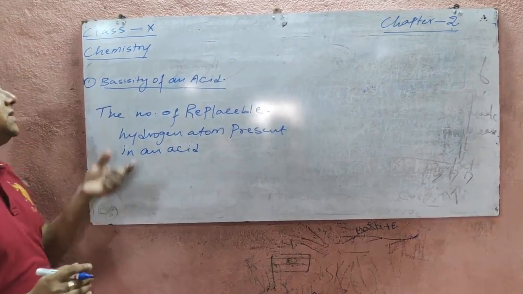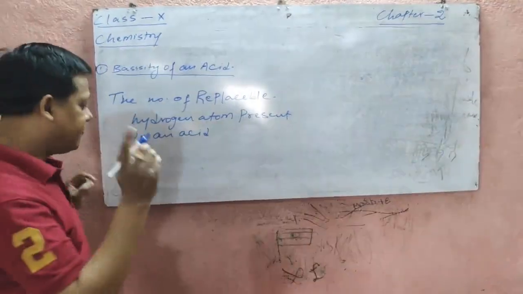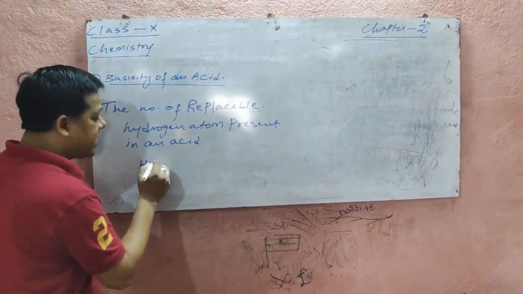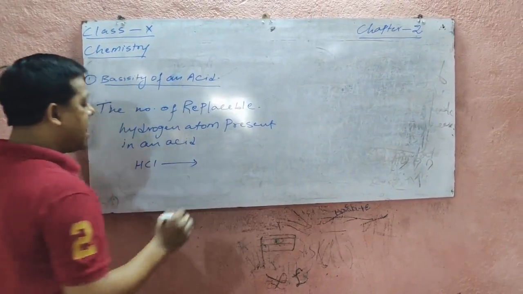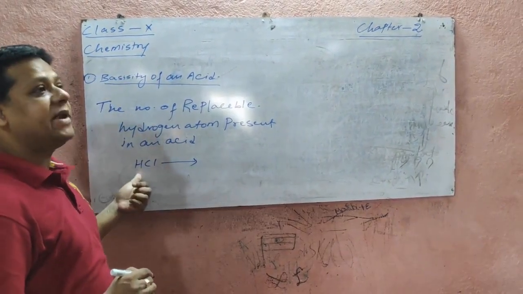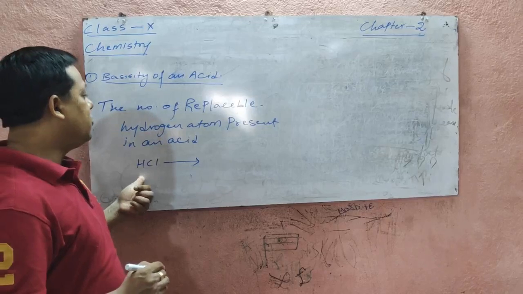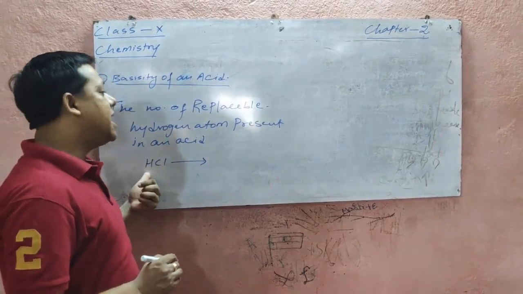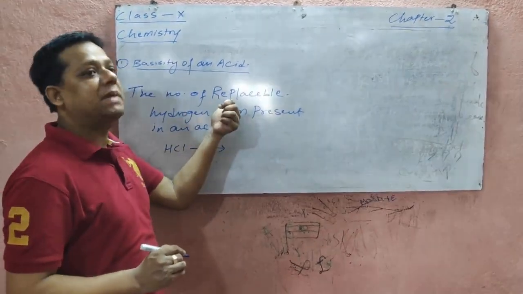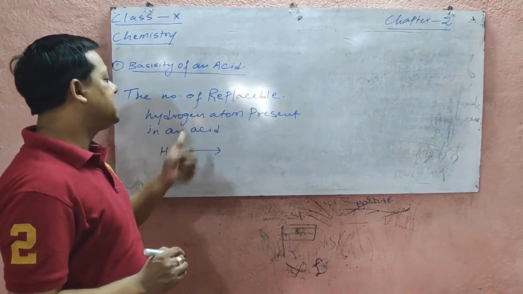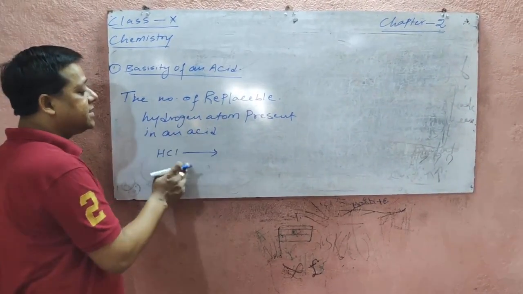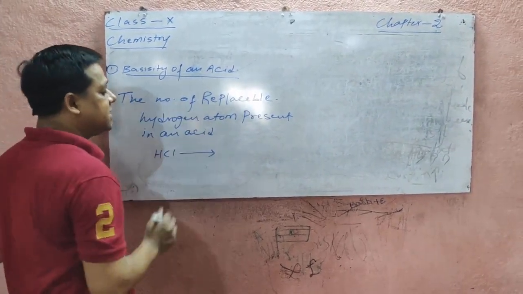What does this mean? The number of replaceable hydrogen atoms. For example, if we take hydrochloric acid, in hydrochloric acid the number of hydrogen is 1. Therefore, only one hydrogen atom can be replaced by a base. The number of replaceable hydrogen atoms present in an acid is called the basicity of an acid.